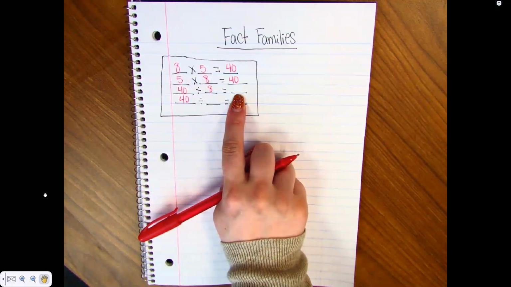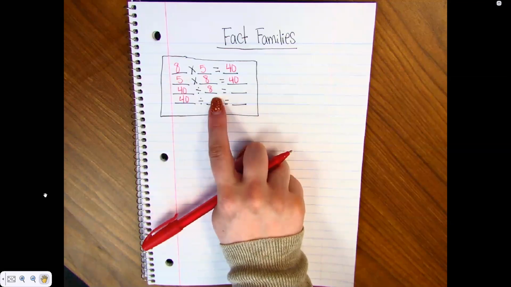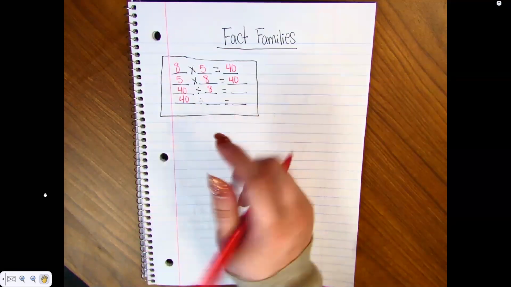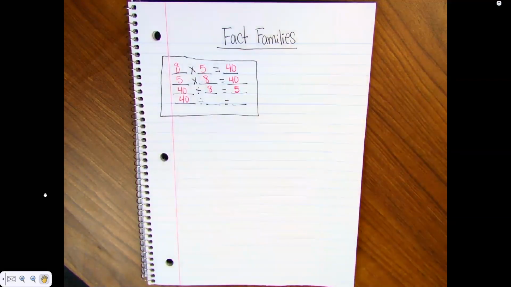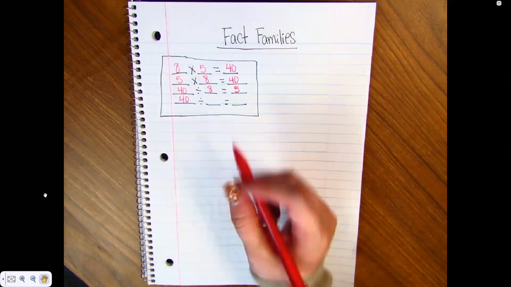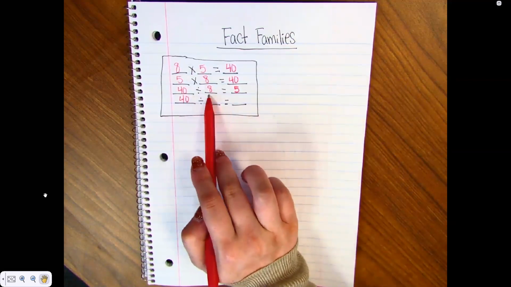Brayden, what would be 40 divided by 8? Forty divided by 8 equals 5, because I know I'm using 8, 5, and 40.